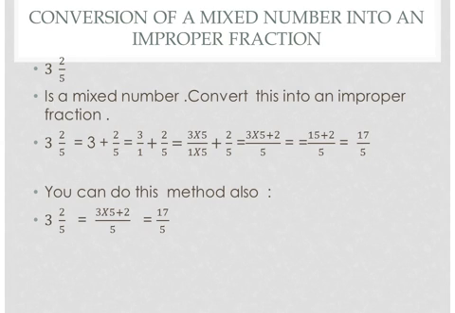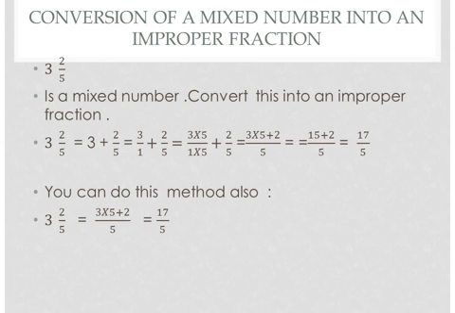Now in 3/1, 1 is the denominator, and in 2/5, 5 is the denominator. We first convert the fractions into equivalents by LCM. So you multiply 1 by 5. When you multiply the denominator by a number, you multiply the numerator by that number also.